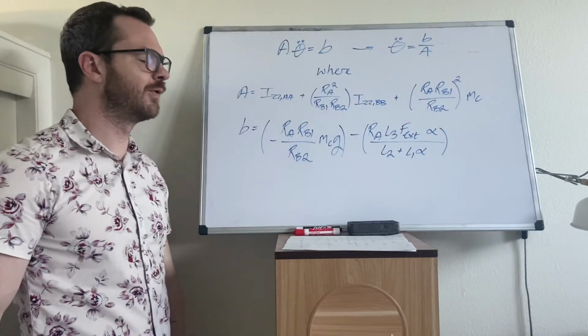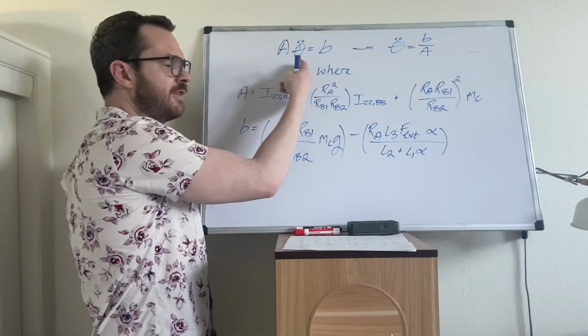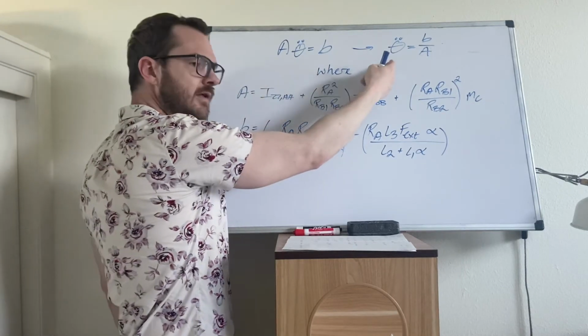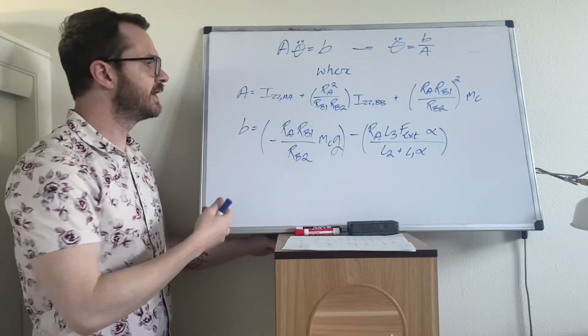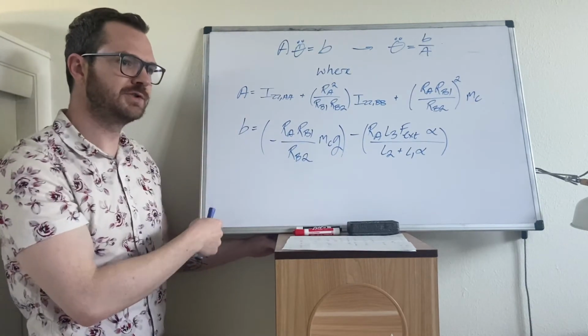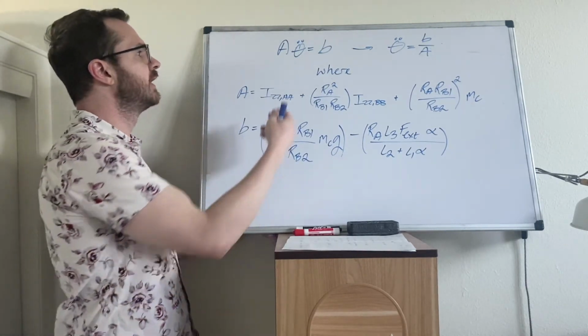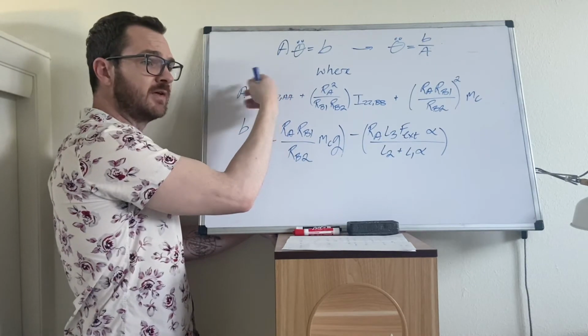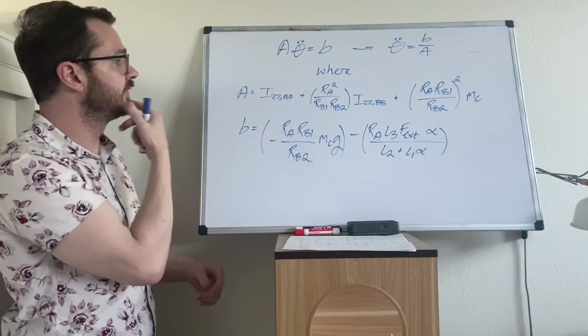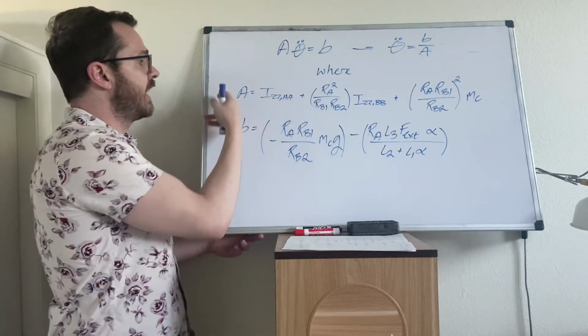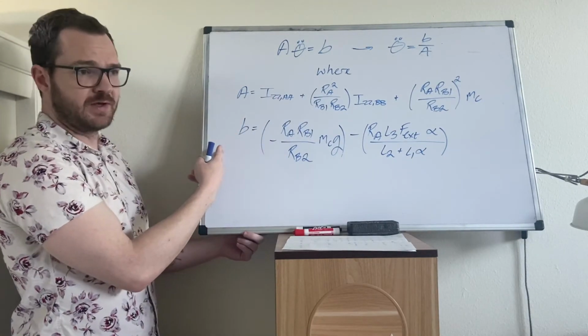So here's the final form. I've written it as A theta double dot equals B. Clearly we can solve for theta double dot, B minus A. Since it's a scalar equation, it's not a system of equations. We don't have to invert A because it's not a matrix, so it's just simple division. So A over A and B are equal to these terms.